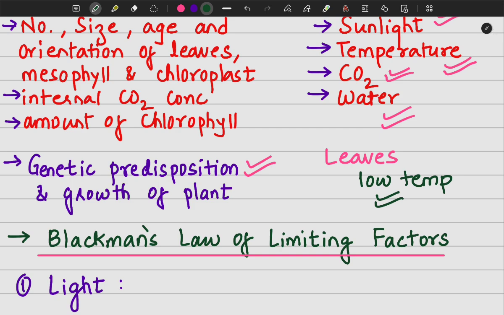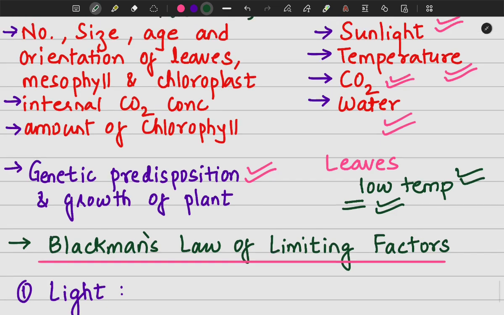So now the rate of photosynthesis will be directly dependent on this temperature only, and changing the temperature will affect your rate of photosynthesis. Alright, so the factor which becomes the minimum or the lowest among the several factors that determine the rate of a biochemical process, or photosynthesis here, that factor becomes the one important factor which will determine the rate of the process or the photosynthesis. So this is Blackmann's law of limiting factor. I hope this is clear to you.